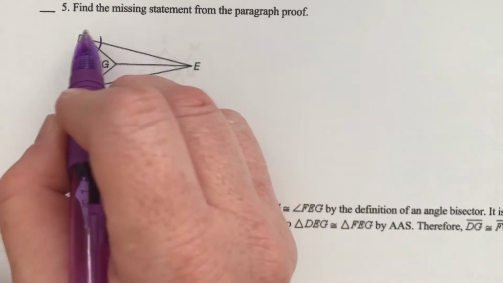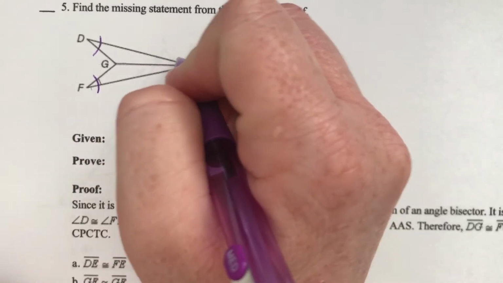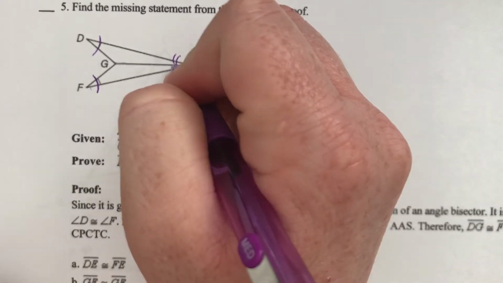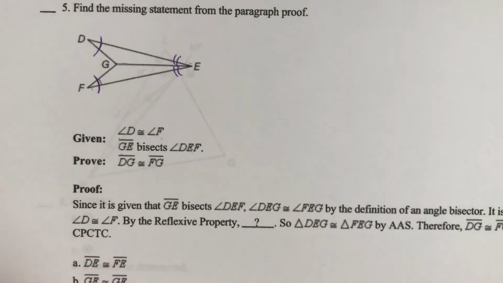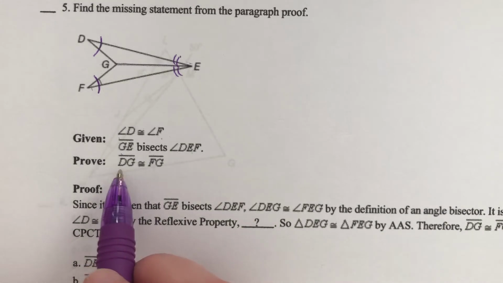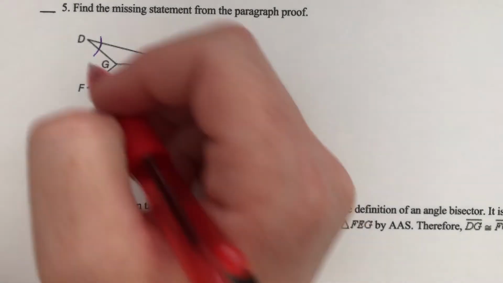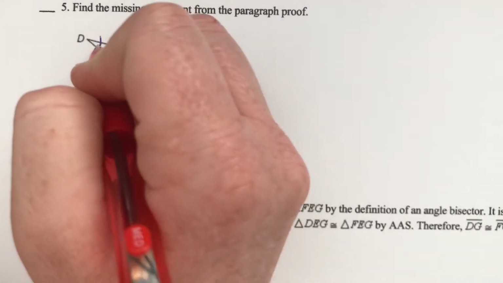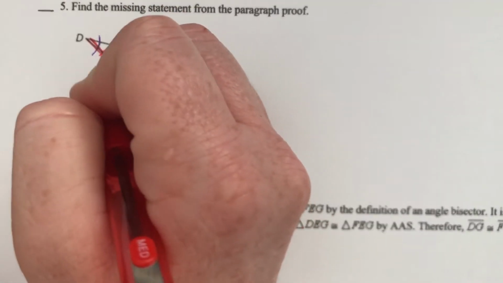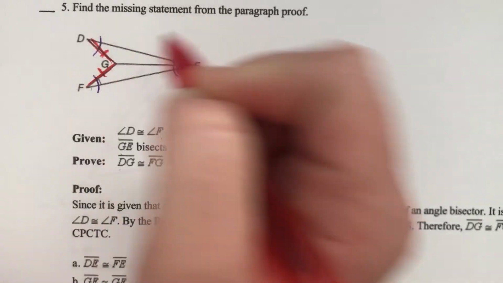This guy bisects this angle, so it cuts it into 2 congruent half angles, right? We have to prove that DG and FG are congruent. We have to prove that this whole side here is congruent to this whole side here, right?